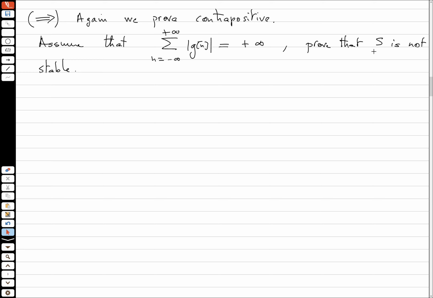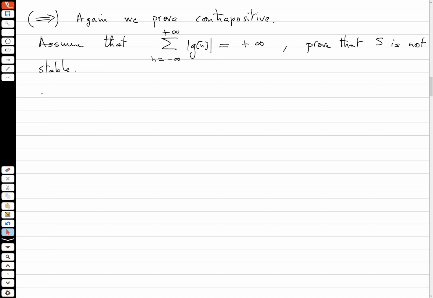If at the exam I say show that this is not stable, that is much easier than showing this is stable, because you just need to provide an example and pick the easiest possible to make your life easy. All right. So here finding the counterexample is not easy, but here I'm going to give it to you. Just follow the steps.